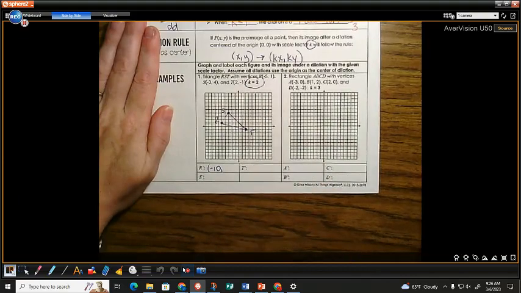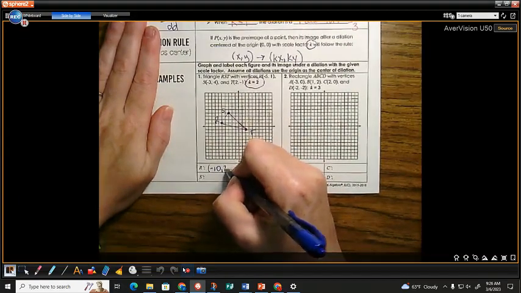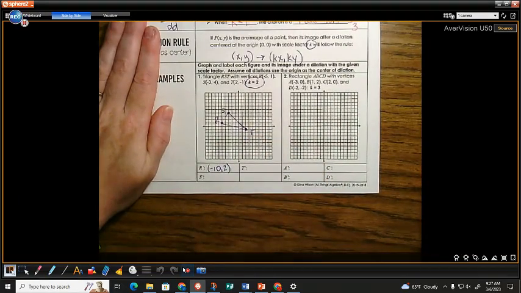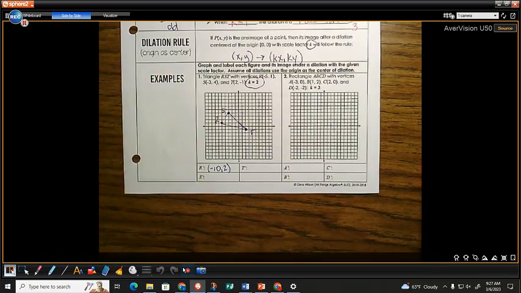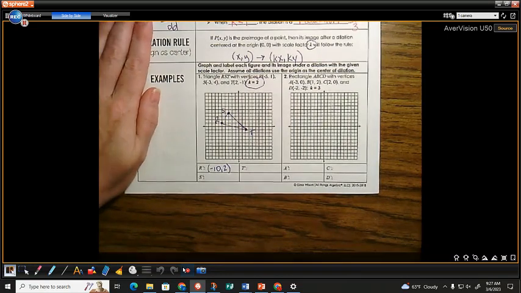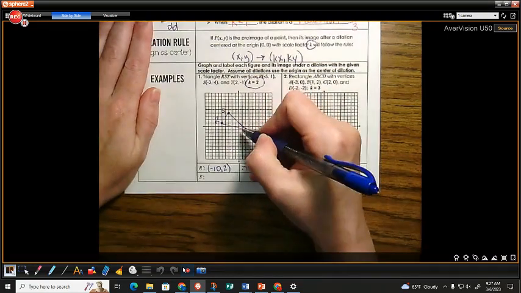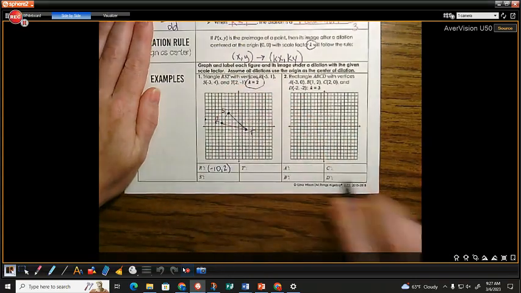Does that say 10, negative 2? Mine is 10. Negative 10, 2, thank you. So Alan says R went to negative 10, 2. Let me get a different color.